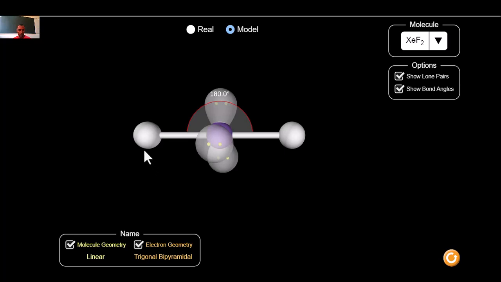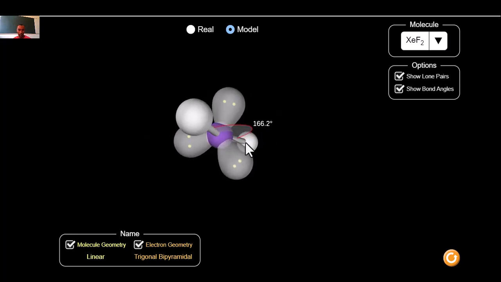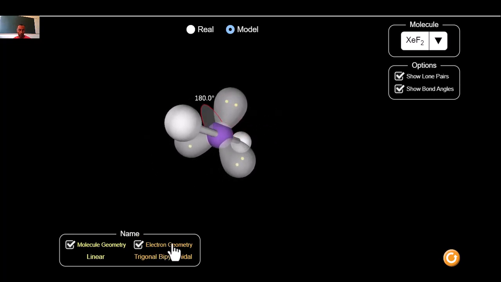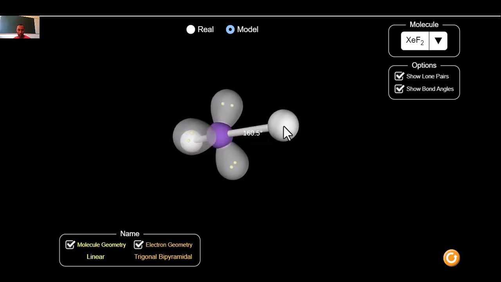For this, the electron group geometry is trigonal bipyramidal and the molecular geometry is linear because there are 1, 2, 3, 4, 5 surrounding electron groups.